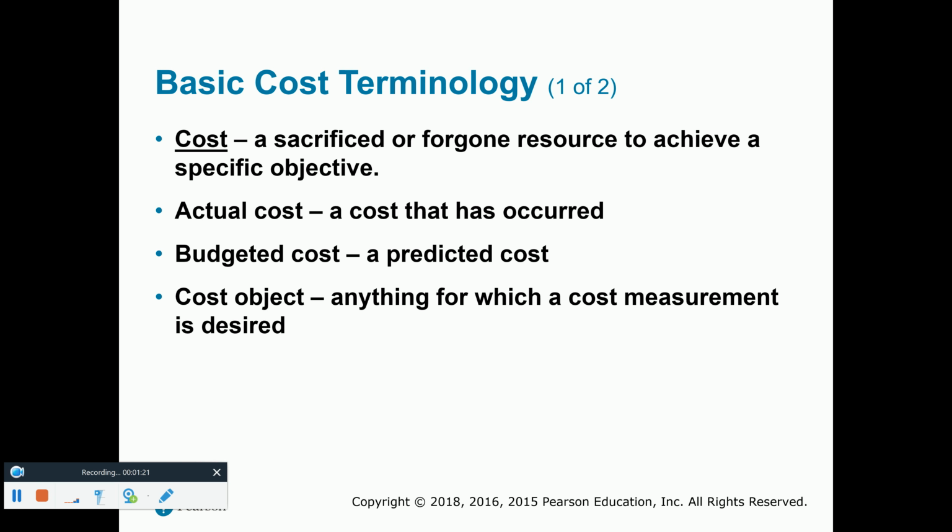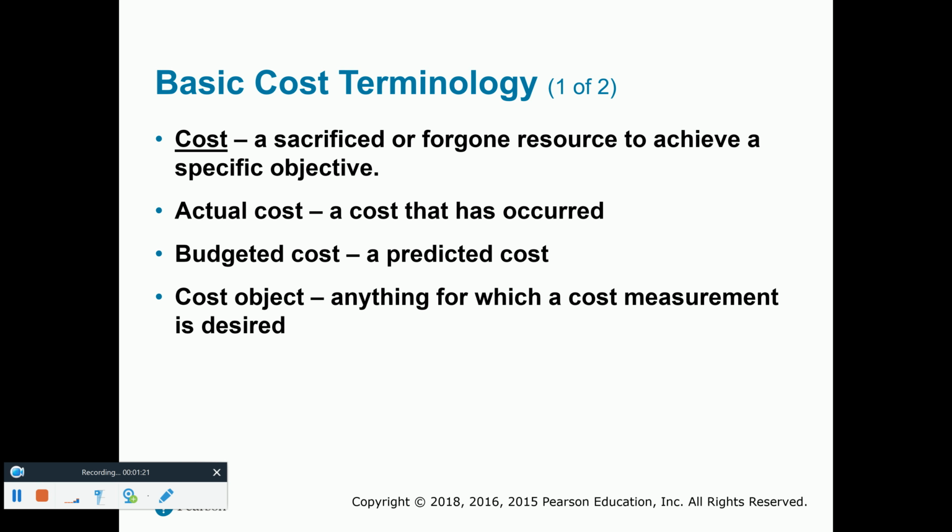And a cost object, be familiar with this term, cost object. A cost object is anything for which a cost measurement is desired. Let me give you some examples. So if the product that we're making is the cost object, let's say a BMW vehicle, obviously all of the costs going into manufacturing that BMW.